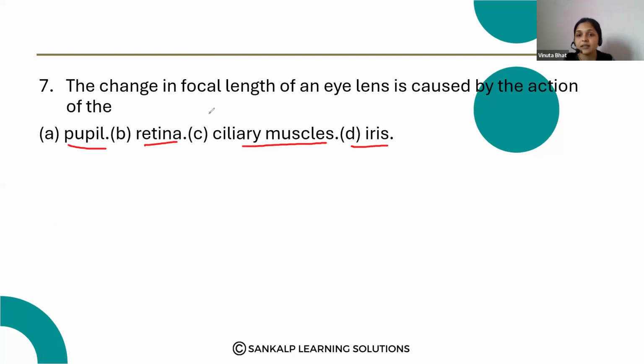Here, how is the eye able to adjust the focal length when it observes far objects and nearer objects? Which one is the correct answer? That is due to the ciliary muscles. Option C, ciliary muscles, is the correct answer.